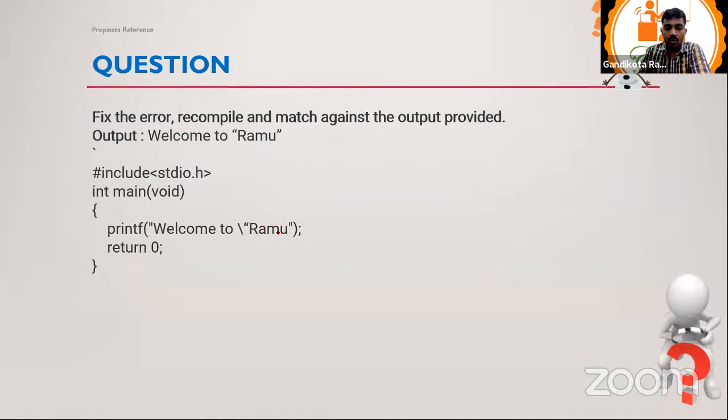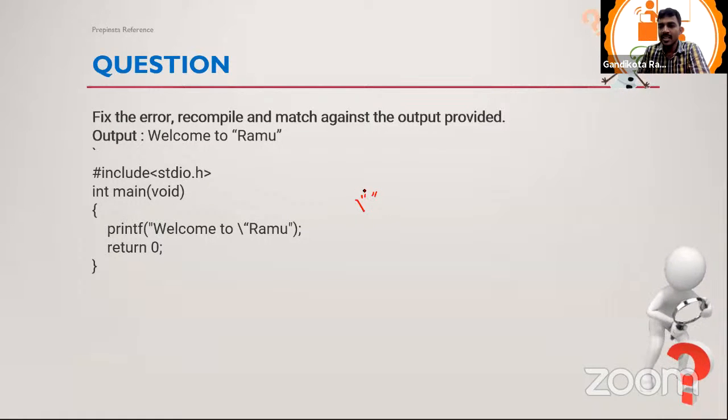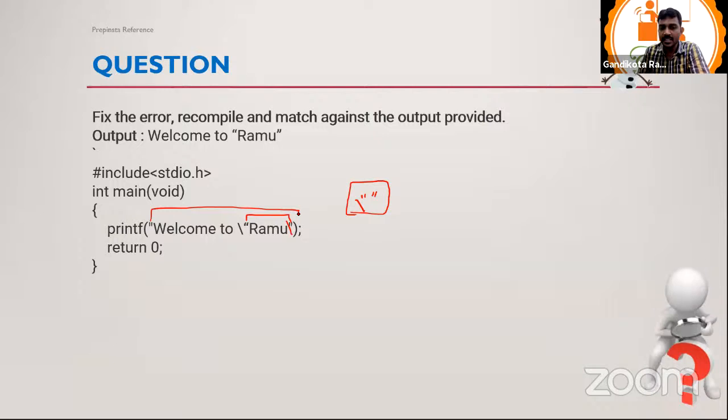So welcome to colon, after that it should be like this: double quotes and quotes. Only a single quote is there and the double quote is missing, just one slash. So for this double quote I need one more double quote, with a slash.